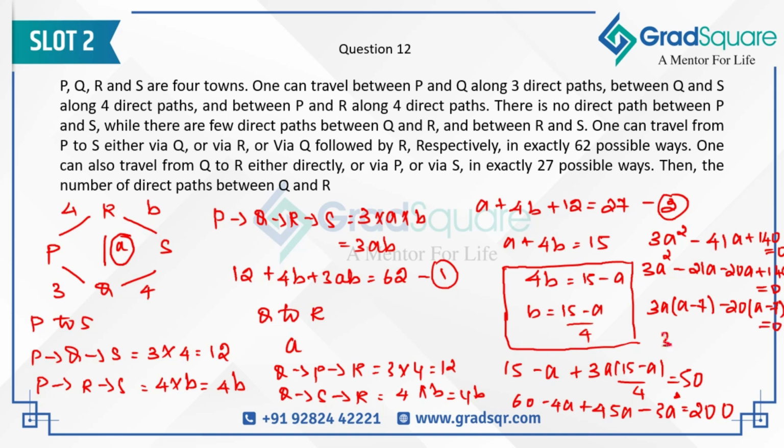So either 3A minus 20 is equal to 0, or A minus 7 is equal to 0, which will give me A value to be 20 by 3 or A value to be 7. I can't take 20 by 3 because it's not an integral value, because the number of ways can't be in decimals. So the number of possible ways from Q to R will be 7. So 7 is the answer for this question.